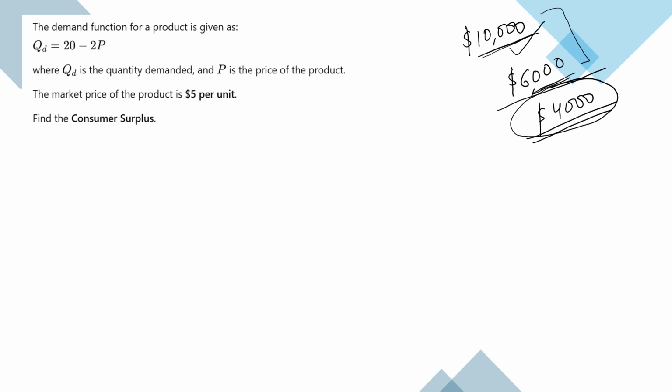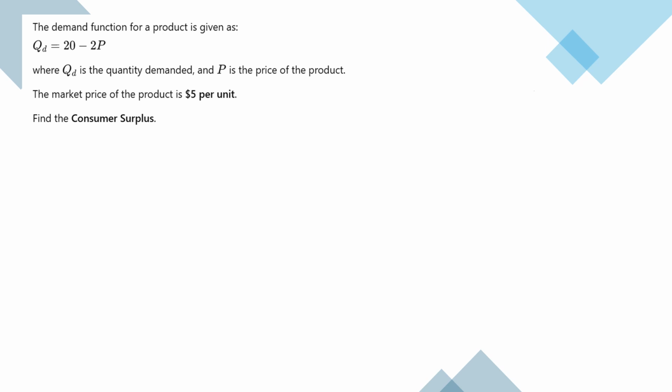So when we talk about how to calculate consumer surplus using a graph, firstly we will draw the demand curve. The demand curve shows quantity on the x-axis or horizontal axis and price on the y-axis or vertical axis. Let's say this is our demand curve.